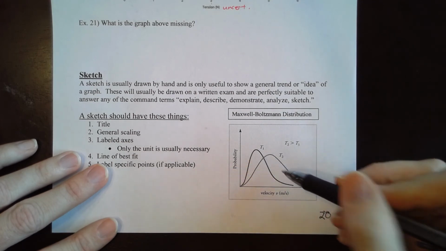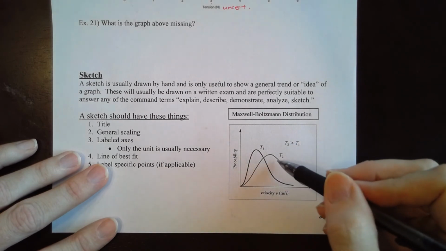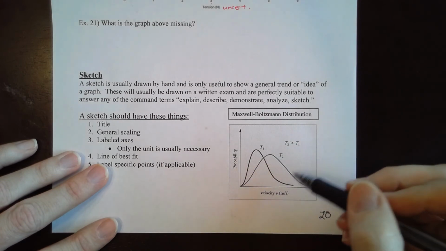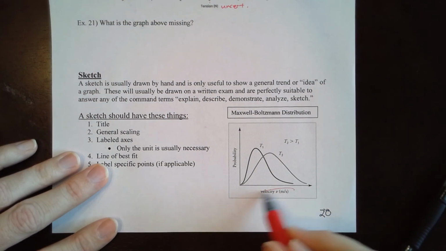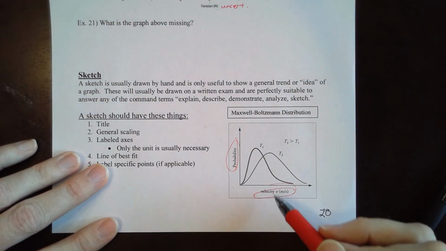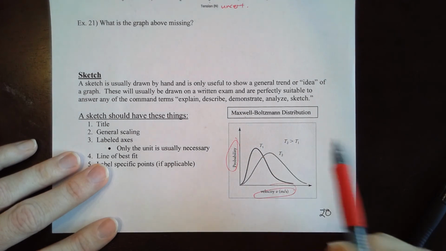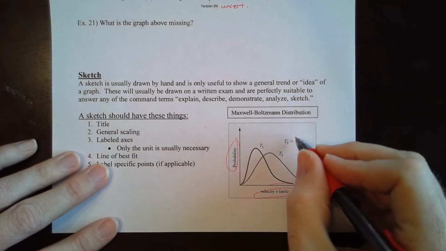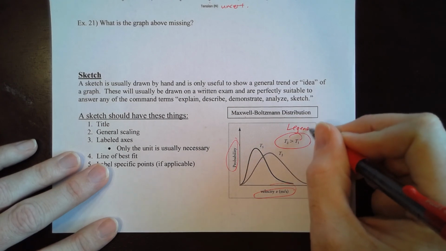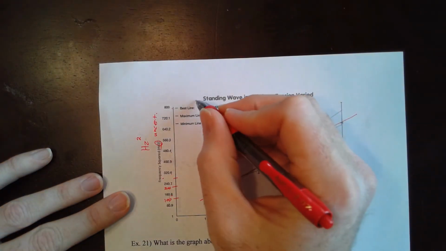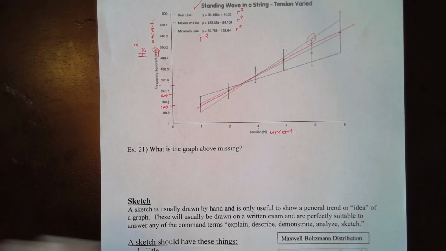And what you were trying to show is that the area under the curve is the same for either one. And that's the kind of trend you want to go with. You need to make sure that you do label each one of these, maybe a title whenever you draw it, and also have that legend right there. That's going to be helpful. You notice how this one had a legend too. All right, that's it.